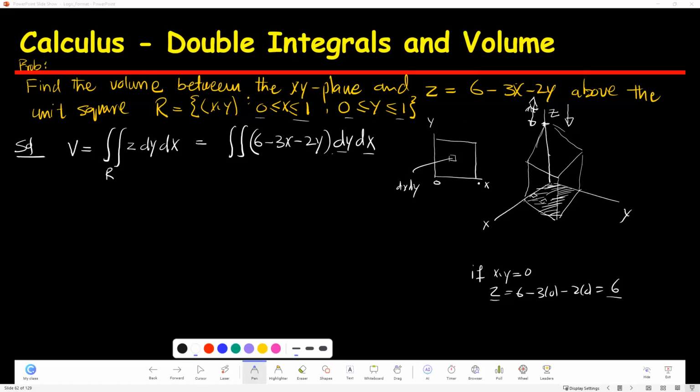So this is 0 to 1 and this is 0 to 1. That is my r, this r we talk about. So I'm going to substitute 0 to 1 for y and 0 to 1 for x.